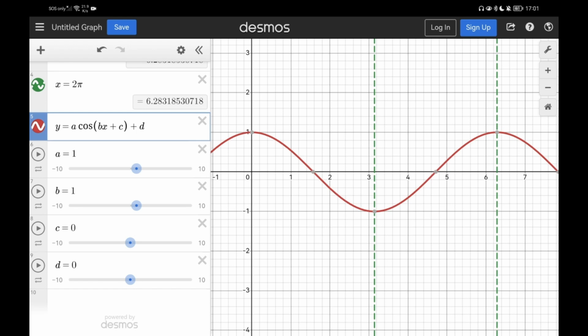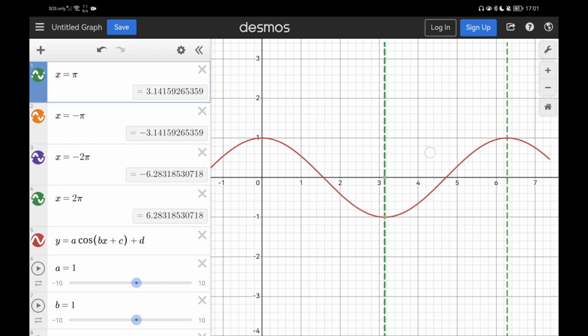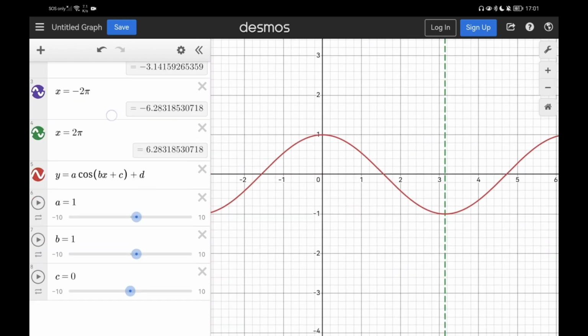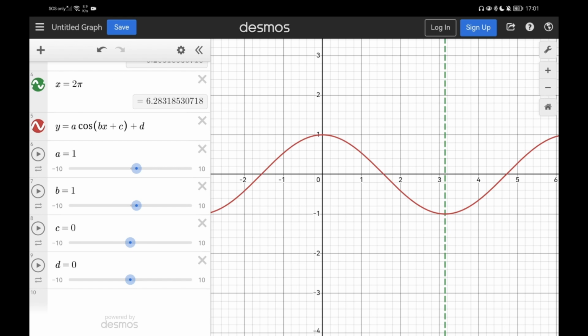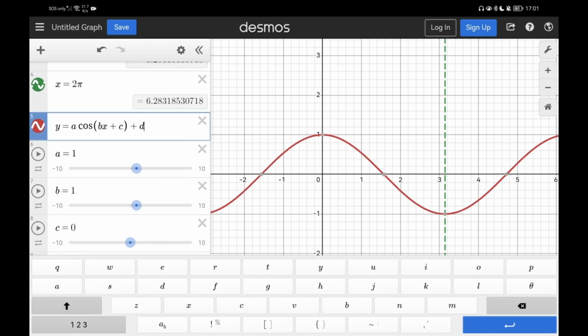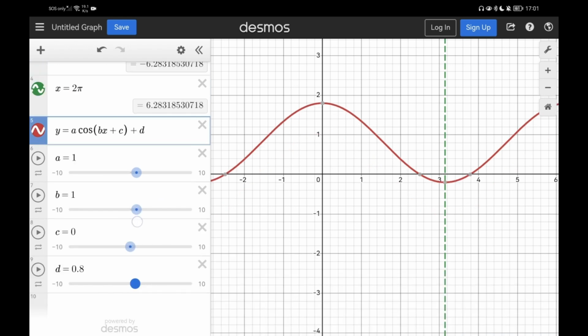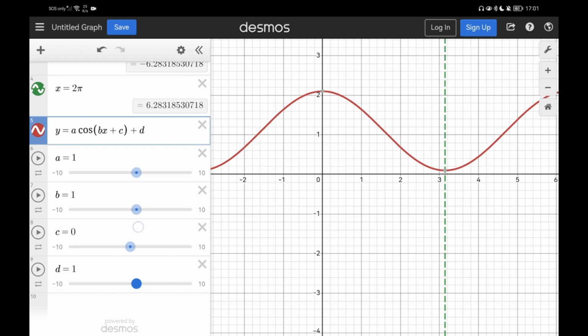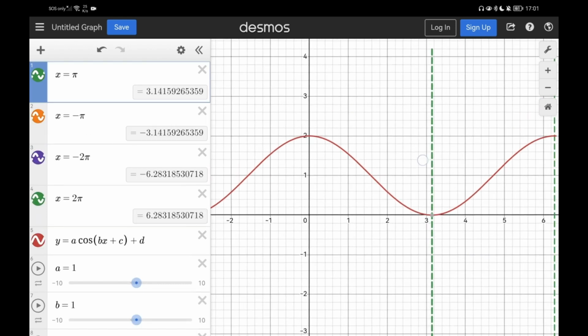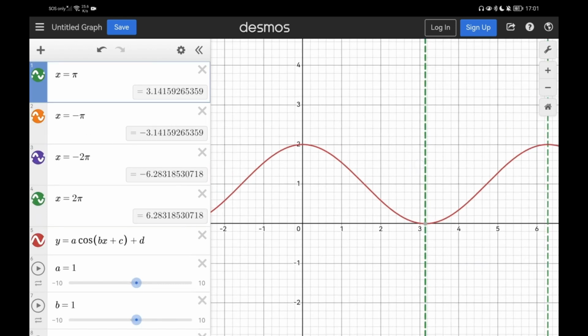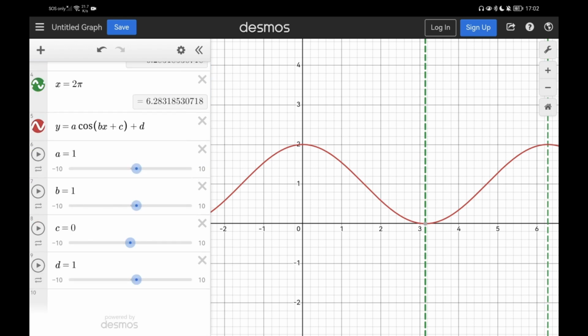So let's start from the translation of the cosine graph, right? So let's vary the d first, okay, because d refers to the translation by d units. So let's vary d as 1. As you can see, the cosine graph moves upwards by 1 unit, okay?